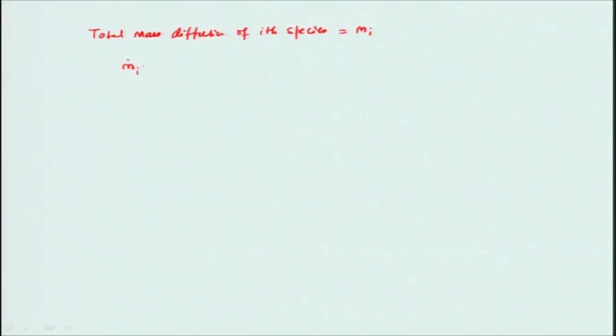We know that it is D_i rho dY_i by dy, plus there will also be a Soret diffusion, D_iT by T into dT by dy.